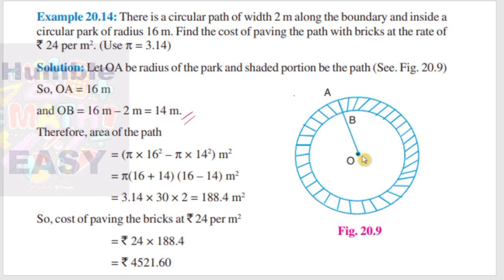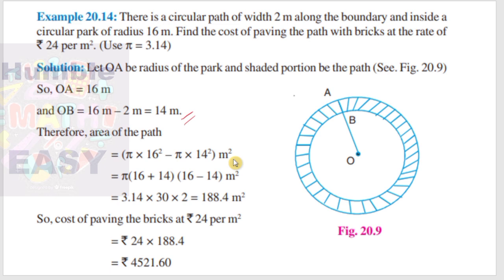What is asked is to find the cost of paving the path with bricks at the rate of 24 rupees per square meter. In this case, we subtract the area of the small circle from the area of the big circle. So we have pi times 16 squared minus the area of the smaller circle, with OB as its radius, pi times 14 squared, in square meters.